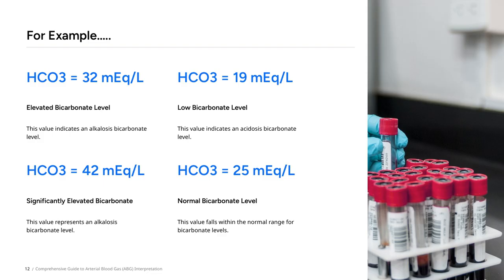Finally, an elevated bicarbonate level again signals alkalosis, such as 32 mEq/L in this example. This reinforces the importance of understanding whether the body is compensating or actively experiencing an imbalance. Remember, these values are vital clues in the broader picture of ABG interpretation, helping us pinpoint whether the disturbance is metabolic or respiratory, and whether the body is compensating appropriately.